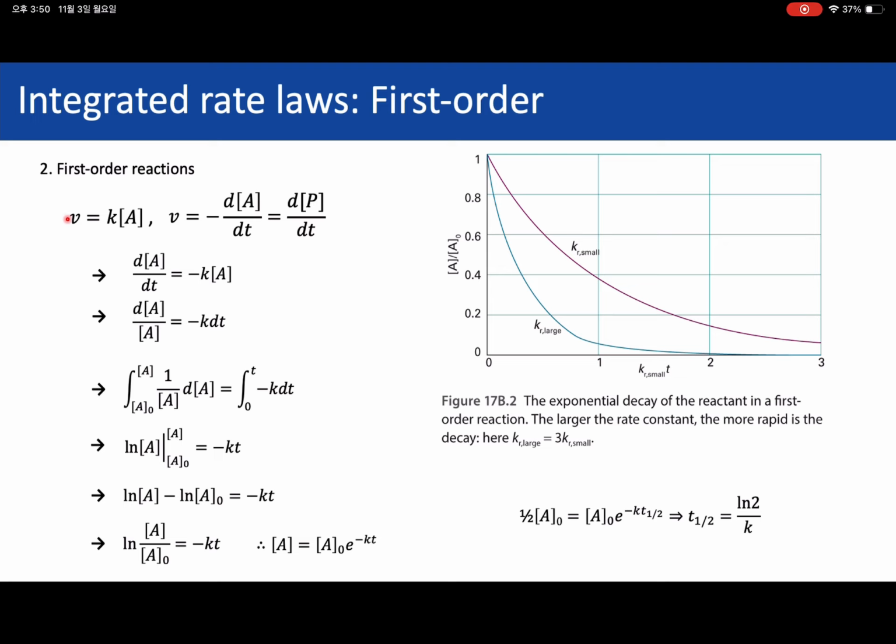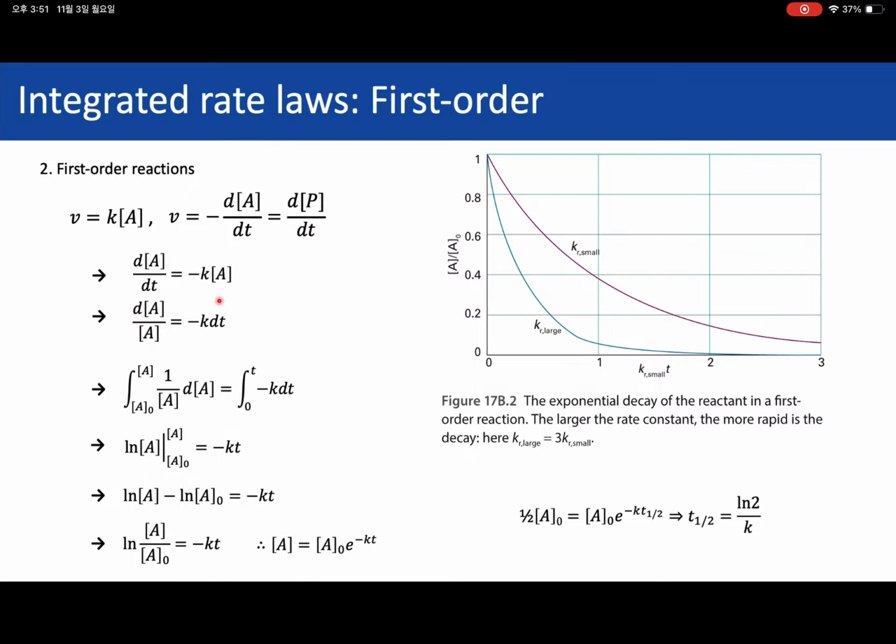Since it's a first order reaction, the rate of reaction is the product of the rate constant with the concentration of A. Since this V, this V and this V are the same, we can rewrite dA over dt equals negative K multiplied by the concentration of A.